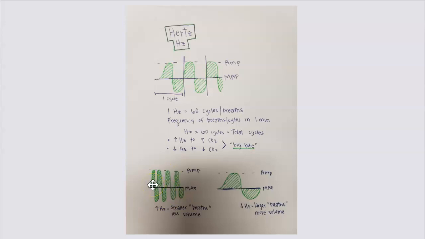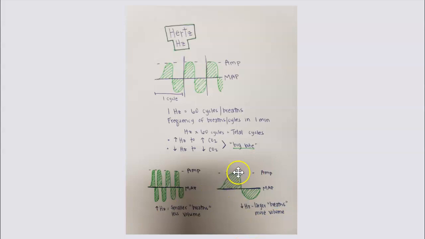If we increase the hertz, we make each breath smaller. See how these are more narrow down here than they are up here? We're making each little cycle tinier and skinnier, which gives less CO2 that we're exhaling, which will help increase the CO2. Meanwhile, over here, we are decreasing the hertz.